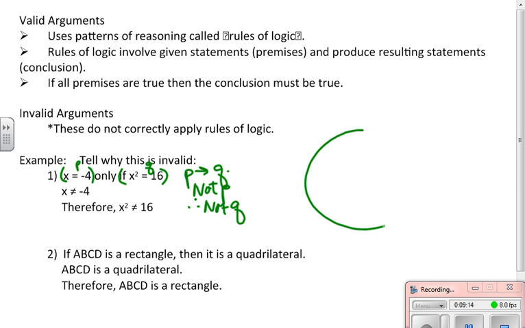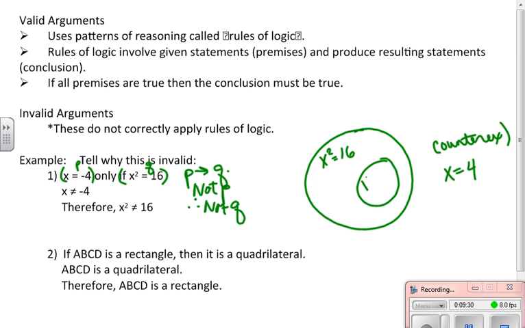Well, let's draw a picture. I hope most of you see that the counterexample, or the problem here, is that x could be 4. But how does that work in a rule of logic? So this is my x squared equals 16. Here's my subset that x equals negative 4.